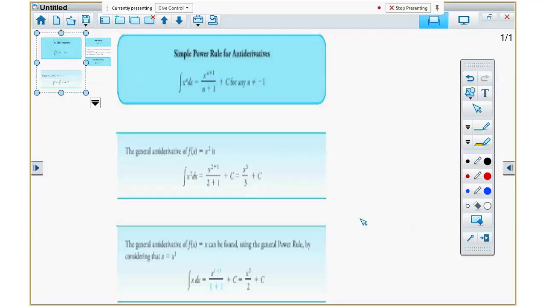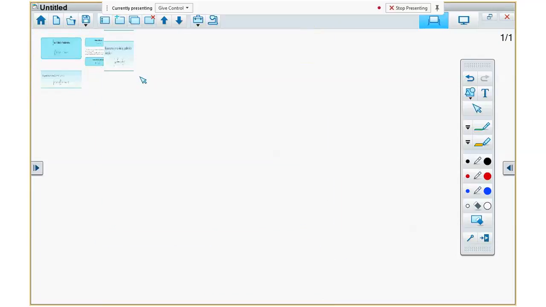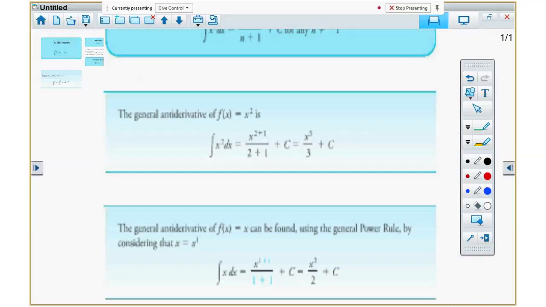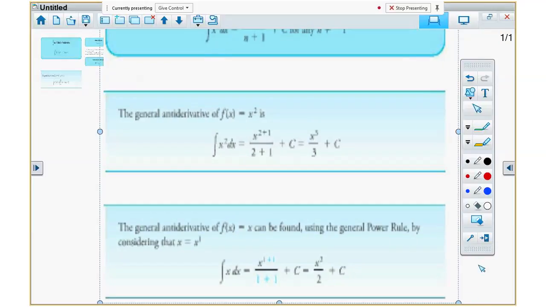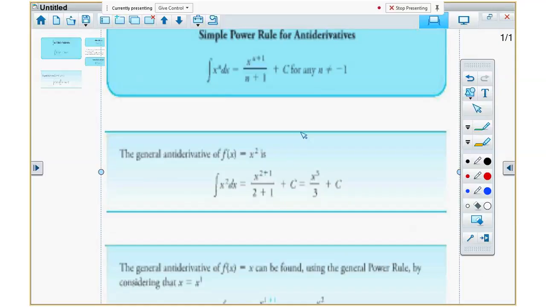If you have x to the 1st power, that's going to be x squared over 2. These are examples.